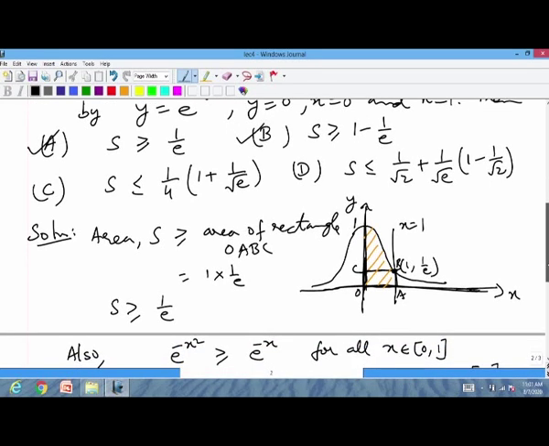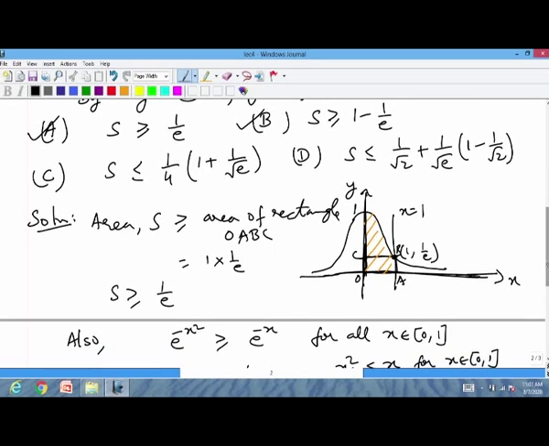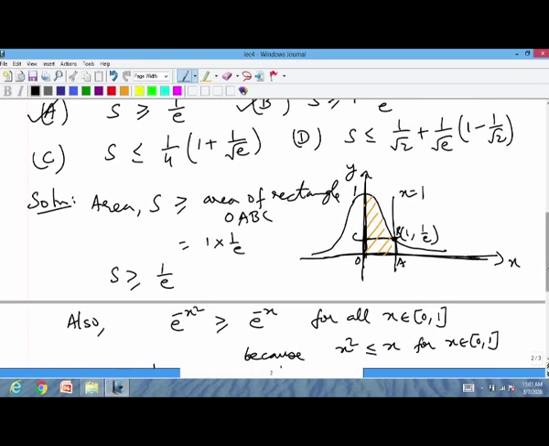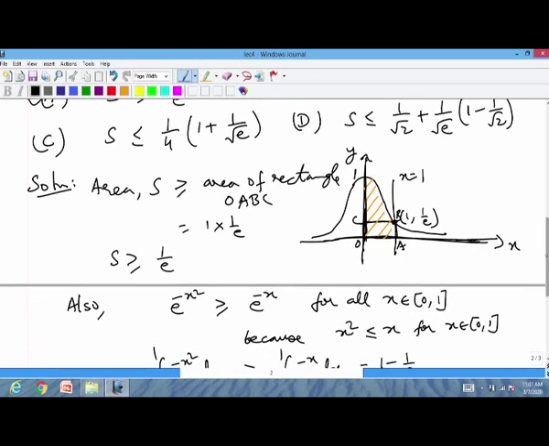Now, we have to see option C and option D. So, here we have to find whether S is less than equal to something. So, again we should try to see if this is less than equal to some area. If we see option D, we have S is less than equal to 1 by root 2 plus 1 by square root of e times 1 minus 1 by root 2.